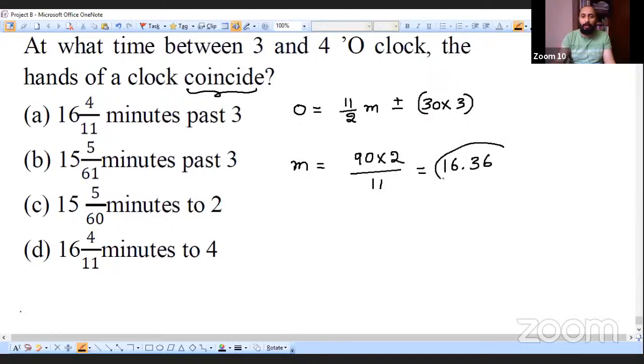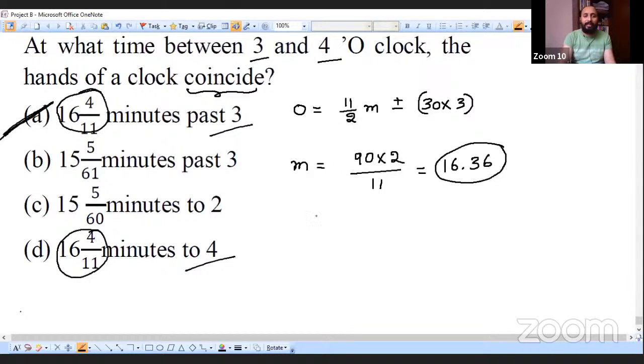Now 16.36 is either here or here. So which is the right option? Here we have put 3 or 4. It is past 3 or past 4? Past 3. So you don't have to check. Option A is the right answer.